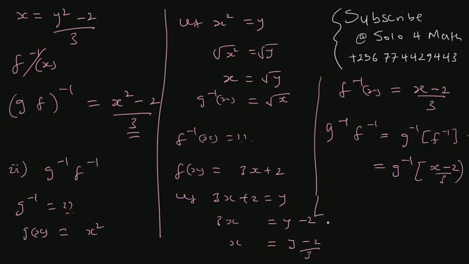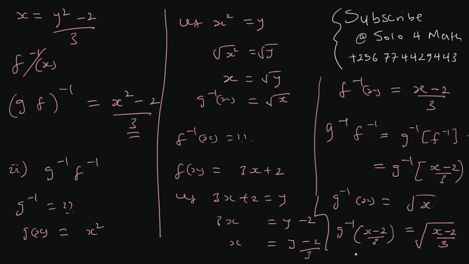If we remind ourselves of our g inverse of x, we got it as the square root of x. So if you want the g inverse of (x minus 2) over 3, where there is x in this function, we put (x minus 2) over 3, which is equal to the square root of (x minus 2) over 3. And this is actually equal to g inverse f inverse.